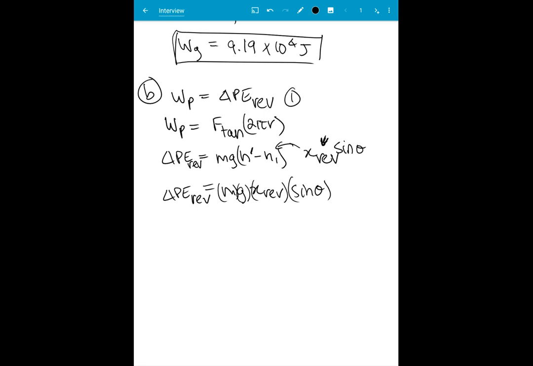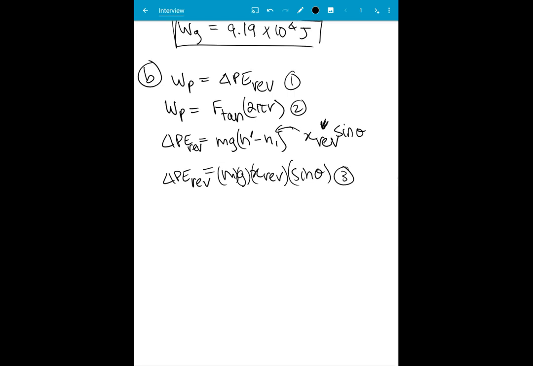Now, let me go ahead and rewrite these equations. So if this is equation 1, this is equation 2, and this is equation 3, let's go ahead and combine the equations, and what we end up with is that F tan multiplied by 2 pi r is equal to mg x rev sine theta, right? X sub rev being the distance traveled in one revolution.